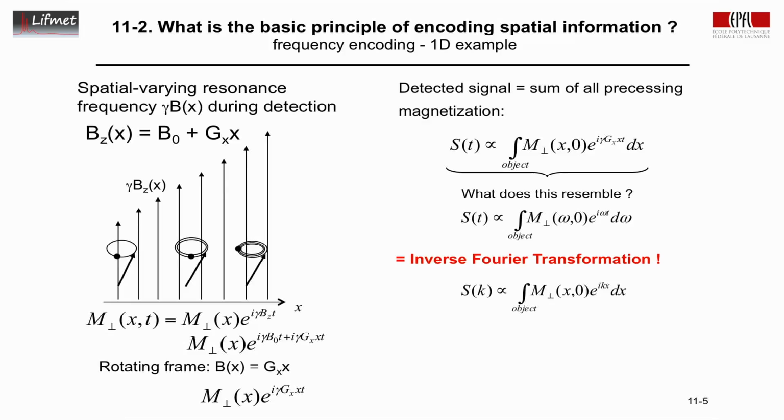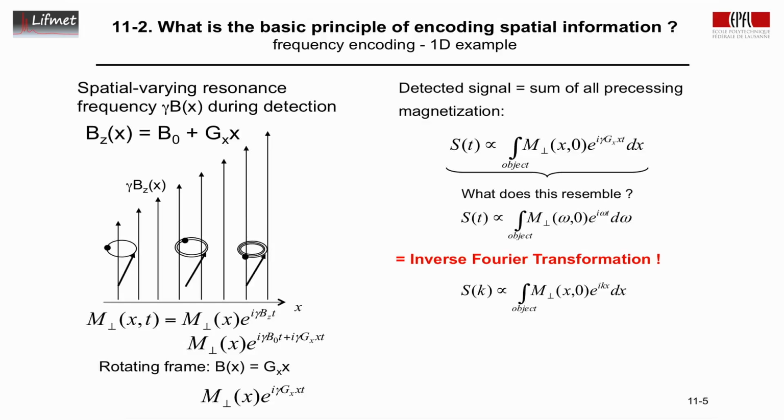So we can rewrite this equation. I will write it as S of k, which is proportional to the integral over the object of the magnetization at time 0, times e to the i kx dx. Here we are using the term k for k-space. This is the conjugate or pair variable to position x.